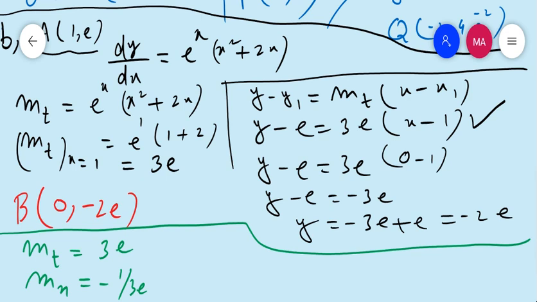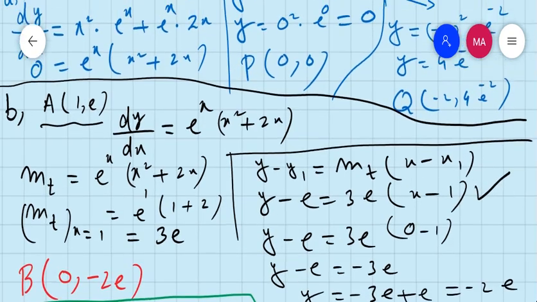You know, the product of the gradient of tangent and the gradient of normal is minus 1. Now find the equation of normal. So y minus y1, x1 means the same A, because the normal also satisfies the coordinates of A, which is (1, e). y minus y1 is equal to mn, minus 1 upon 3e, times x minus x1, x1 is 1.